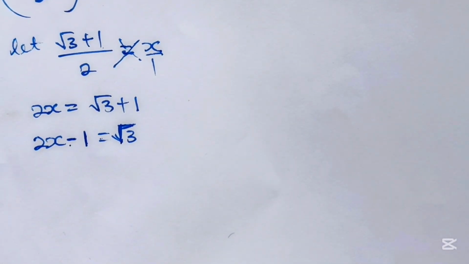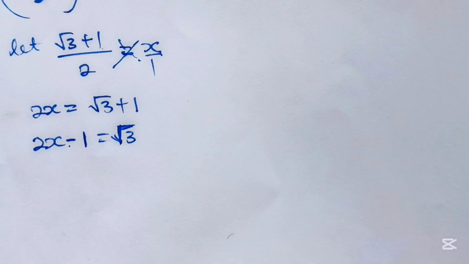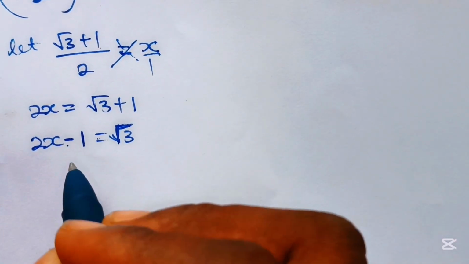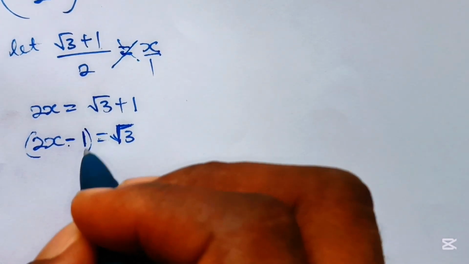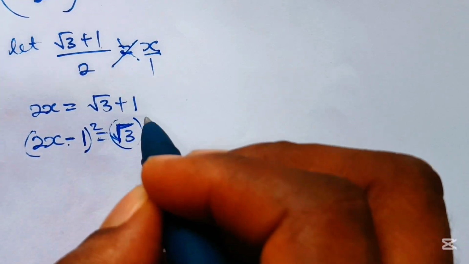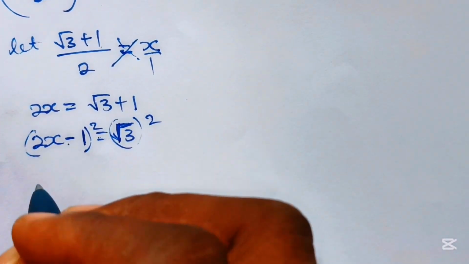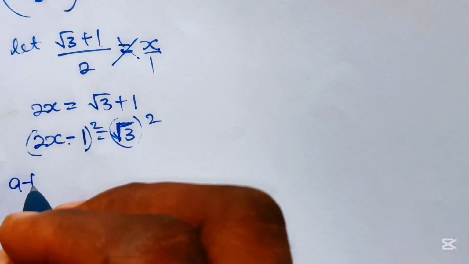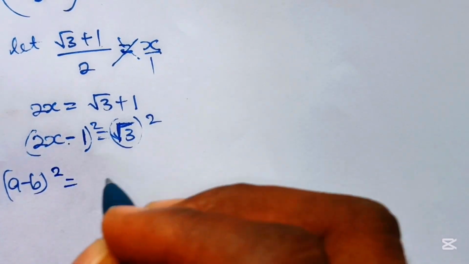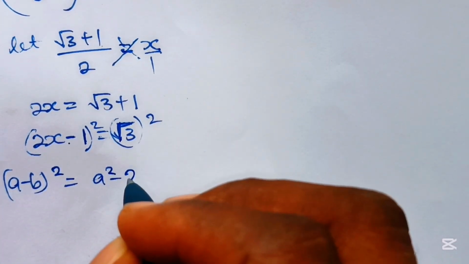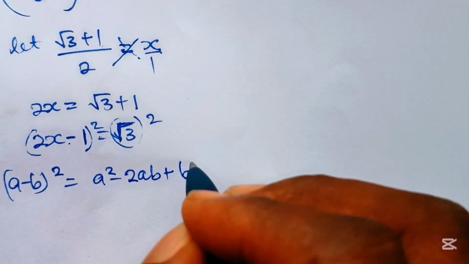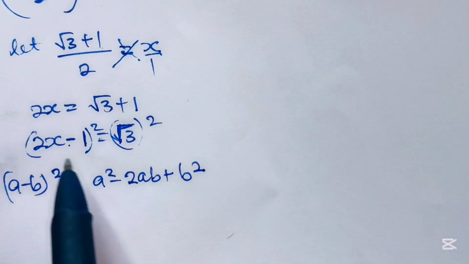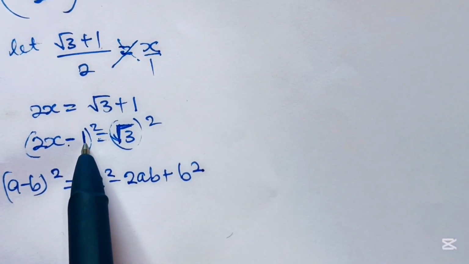This is always the step you take in this type of questions. I will explain later. Now let's square both sides of the equation. So this side squared and this squared. When you have (a minus b) squared, this is equal to a squared minus 2ab plus b squared. So here our a is 2x and our b is 1.